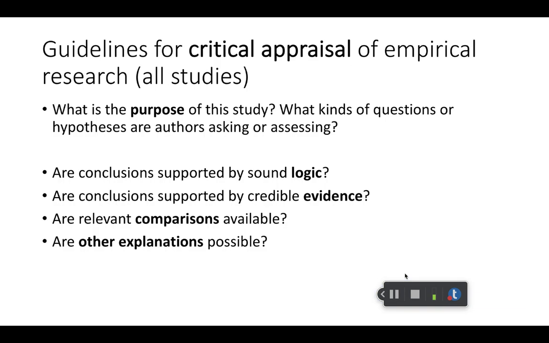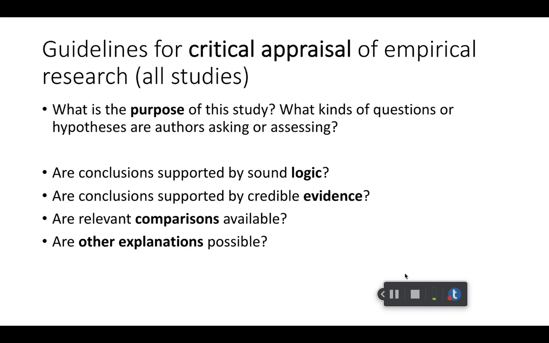So let's begin at the beginning of our critical appraisal checklist, which is available to you in Moodle and will be available in an appendix to the workbook. Our guidelines for critical appraisal of empirical research start with some general questions that apply to all studies. The first question is, what is the purpose of this study? What kinds of questions or hypotheses are the authors asking or assessing?